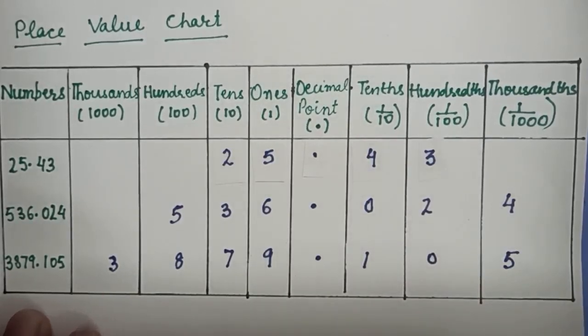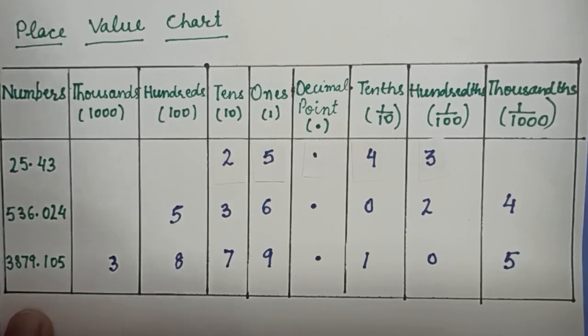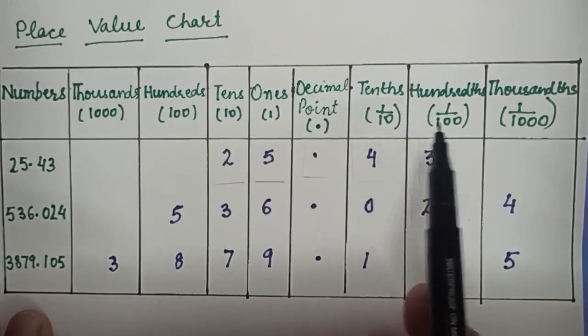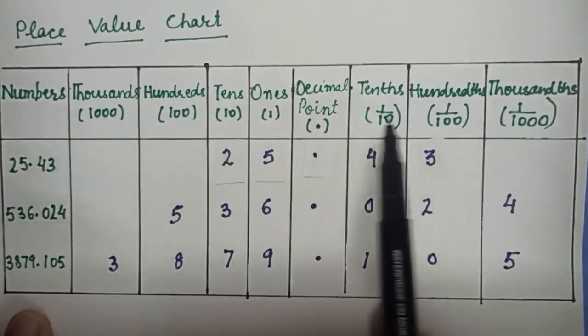Now when we have to expand any number, we will multiply these digits with their place values. Place values are these written above.